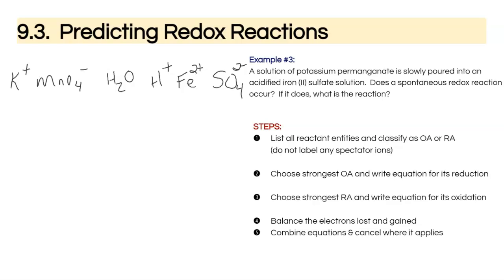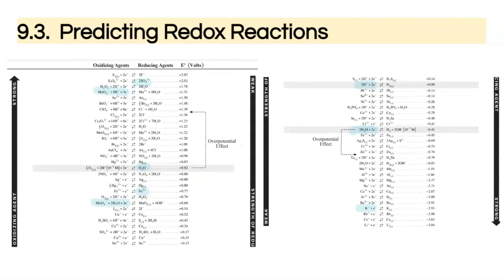And now I'm going to simply use my redox chart to help me identify each of these as an oxidizing agent or a reducing agent. I've taken the liberty of going ahead and highlighting on my chart. I just had to break up the chart into two pieces to fit it on this entire diagram, so really this end part just starts up here.